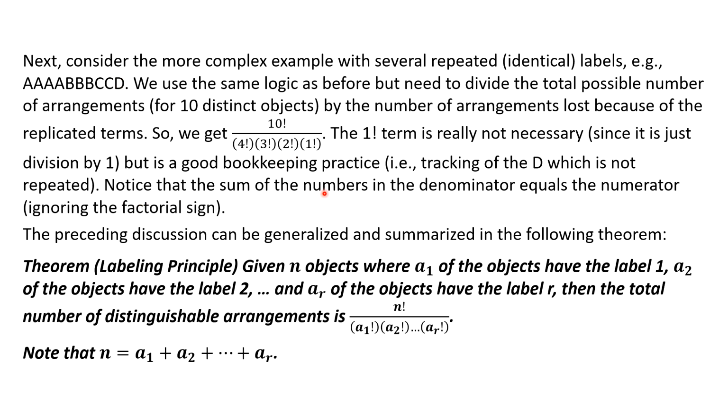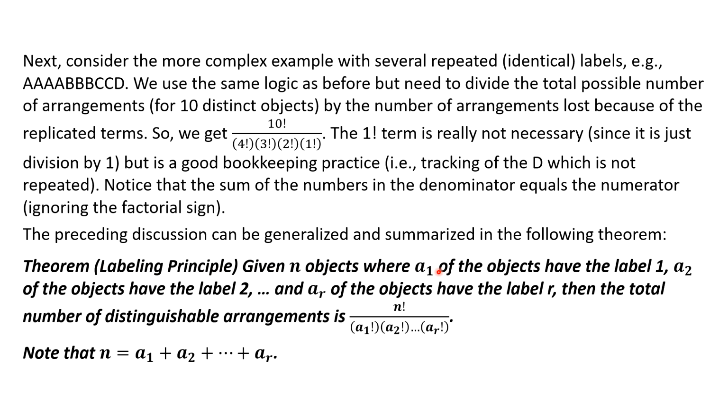Notice that the sum of the numbers in the denominator equals the numerator, ignoring the factorial sign. So 4 plus 3 plus 2 plus 1 is 10. And so we can generalize this to what I call the labeling principle.